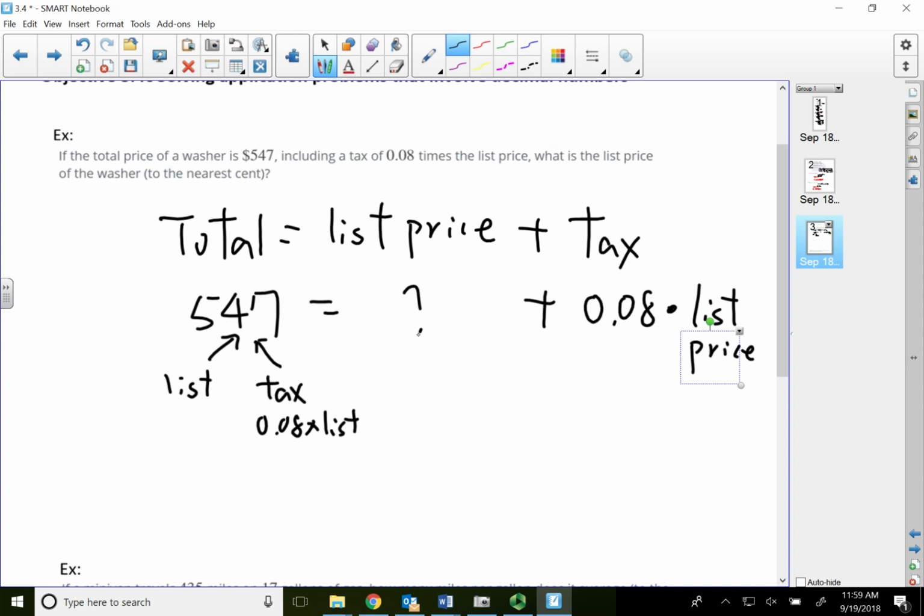So let's call this whole entire list price 100%. Okay, I'm gonna look at it from the percent perspective. Plus 0.08. If you can recall, 0.08 is 8%.